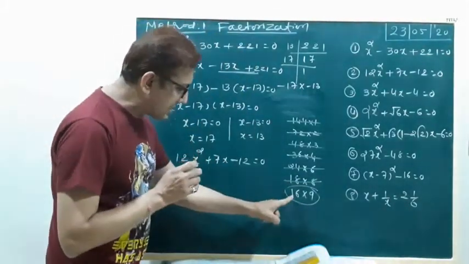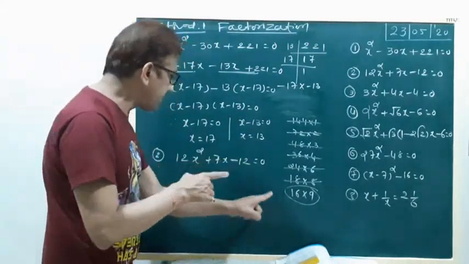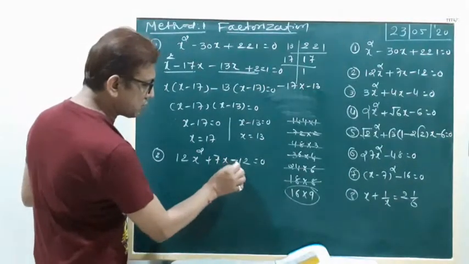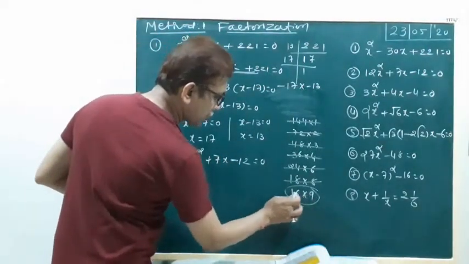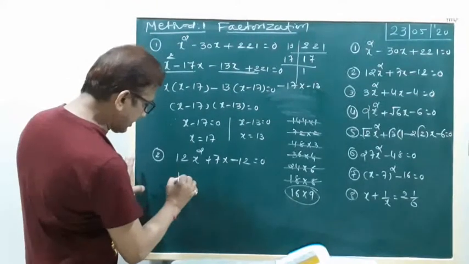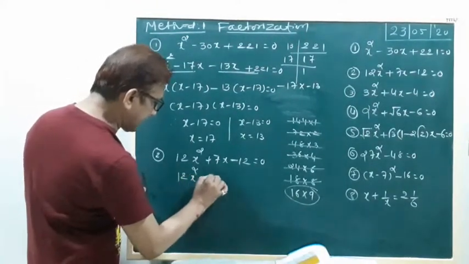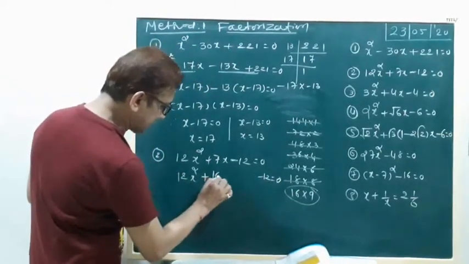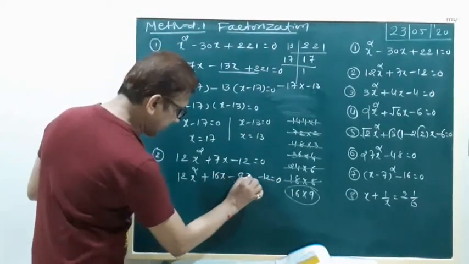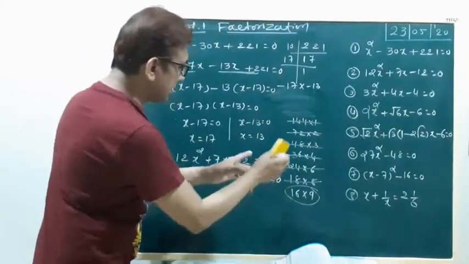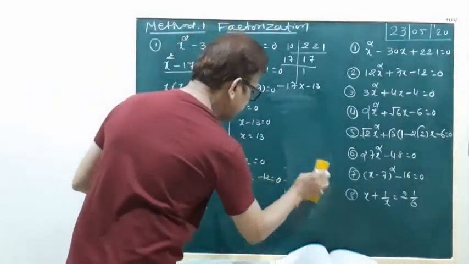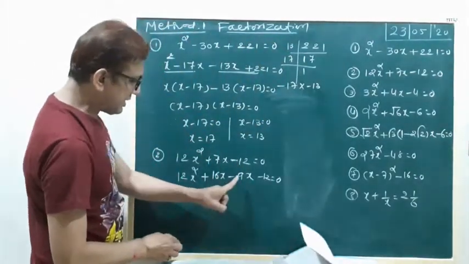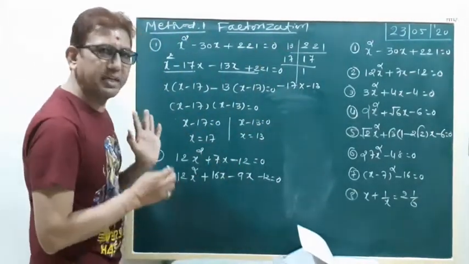And here 16 is the bigger number, so we give the positive sign to 16. The last term is negative, so we give opposite signs to these two factors. So 12x square, then the last term is minus 12, now plus 16x minus 9x. Okay, clear? 16 minus 9 equals 7.